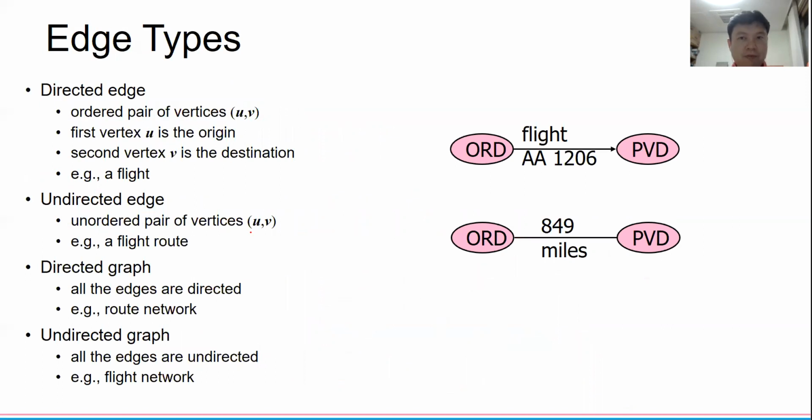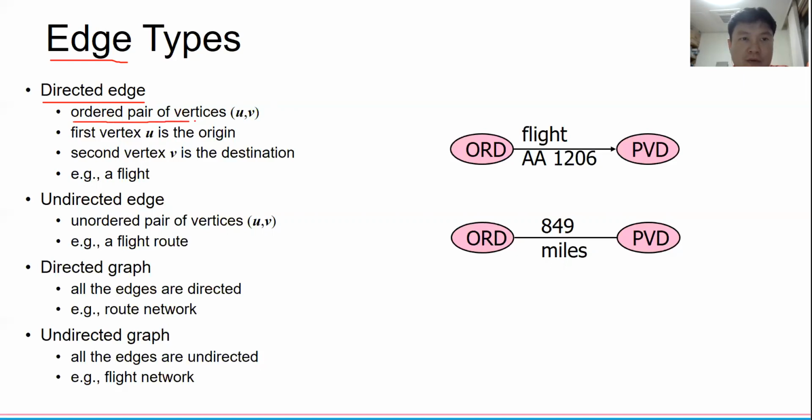Before we go through the details of graphs, we need to understand some basic types of graphs based on the edge. First, we have the directed edge. A directed edge means an ordered pair of vertices.